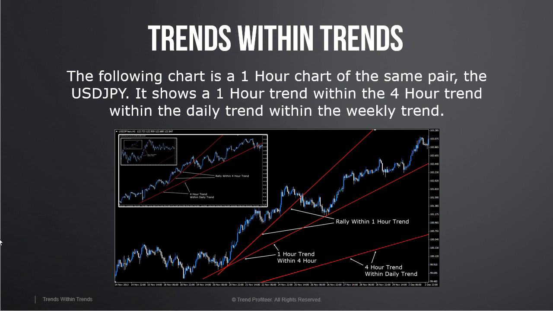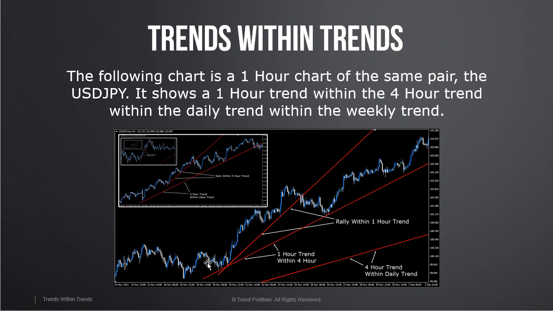So the following chart is a 1-hour chart of the same pair, the dollar yen, so the same time period. It shows a 1-hour trend, that's this image here, with the 1-hour trend here, within the 4-hour trend, within the daily, within the weekly. Okay, so here's the 1-hour trend.